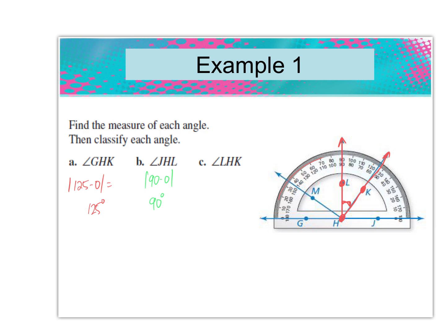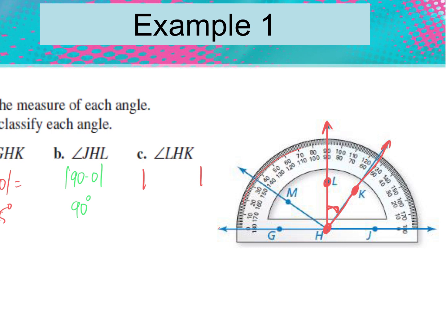So I can identify these angles by the absolute value of the difference of their points. If I use the bottom numbers, it's 90 and 55. This goes through 55. So it's going to be 90 minus 55, which is 35, and the absolute value is 35. So the measure of this angle is 35 degrees.